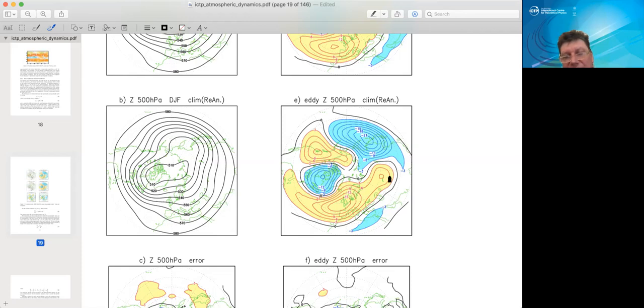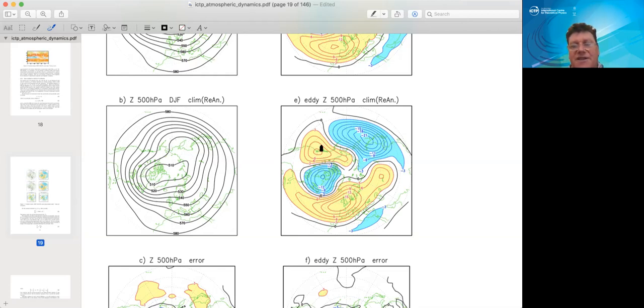There's a similar feature over the Himalayas. But of course we have more stationary waves, so other features in the stationary waves may not be triggered only by mountains, but may be triggered by land-sea contrast and more complicated features that we have not considered here yet.